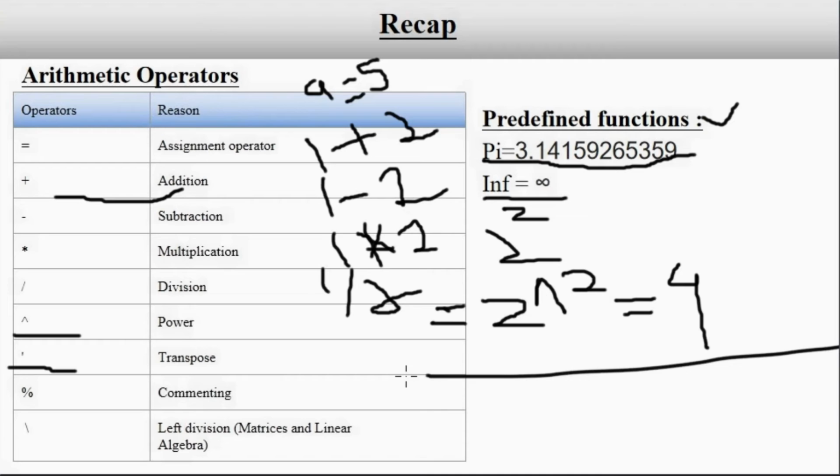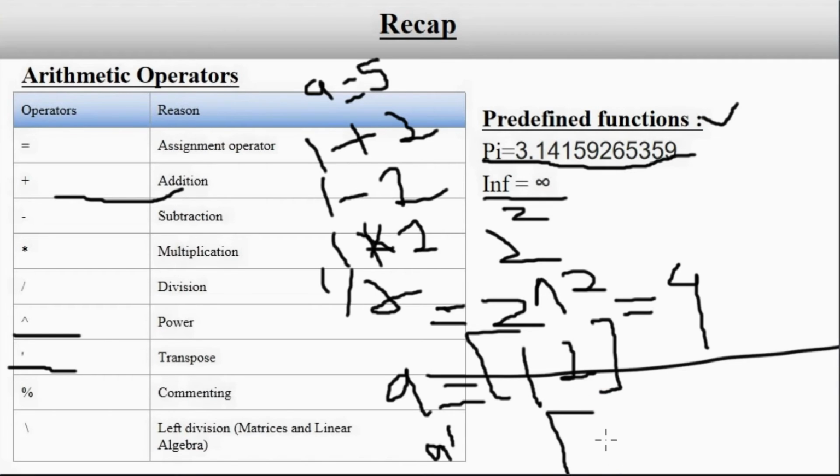Suppose we have some matrix equal to 1 2. So size of this matrix is 1 into 2, 1 row and 2 columns. So when we use that single quote, it changes from 1 by 2 to 2 by 1. So it gives A as 1 and 2.